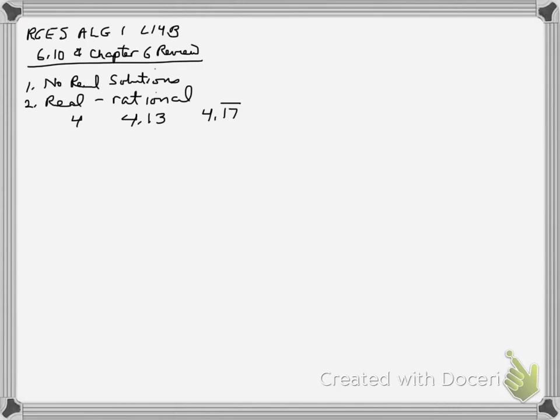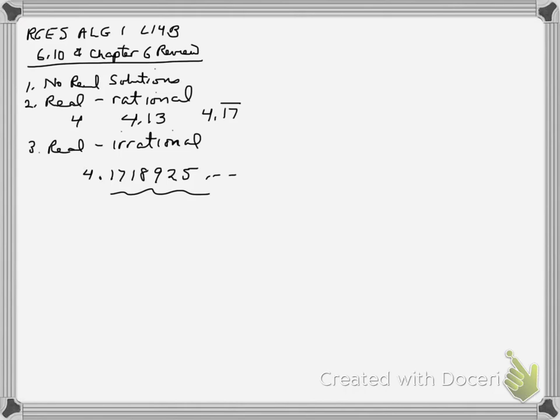Or you could have a real value or two real values that are irrational. And irrational, recall, means it had a square root of something that when you plugged it in the calculator, and hopefully you're starting to recognize a lot of the ones that would be irrational, you might get an answer like 1.781892, etc., and it has no repeating pattern involved in it.